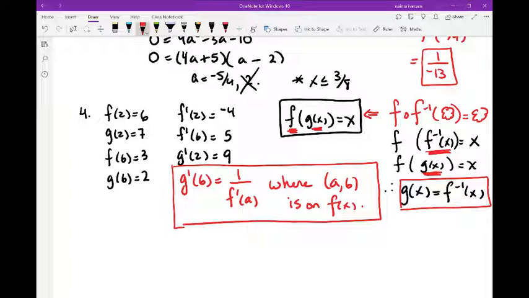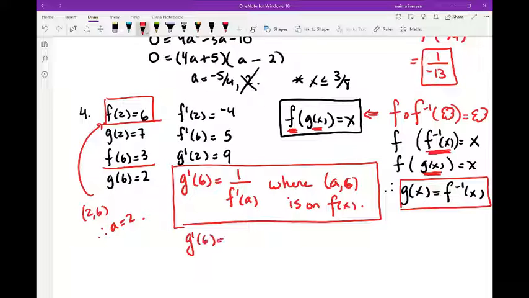So g prime of 6 is going to be 1 over f prime of a, where a comma 6 is on f of x. Okay, so let's look at our f of x's. There they are. A comma 6, it's from right here. What that tells me is that 2 comma 6 is on f of x, which means that our a value is 2. So that means that g prime of 6 is equal to 1 over f prime of 2.